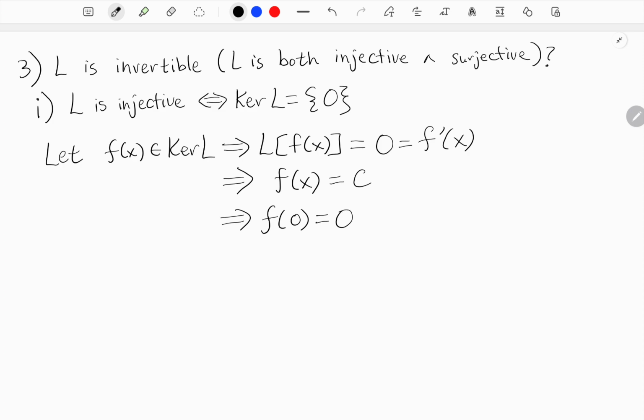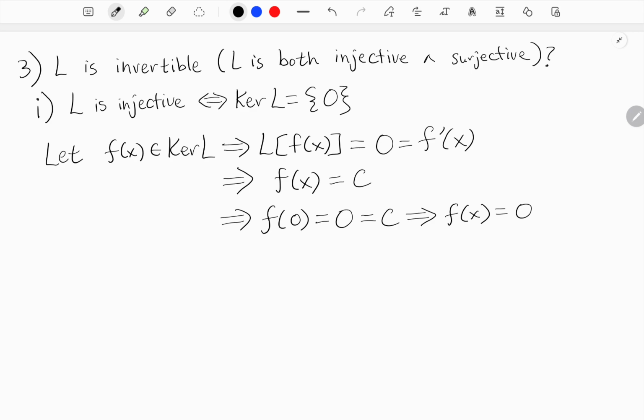It doesn't matter what input you give me, my output is always equal to c. So 0 is equal to c here, which implies that c is equal to 0, because f of 0 is equal to 0. And in fact, f of x is equal to that 0 for all x. So we get f of x is equal to 0.